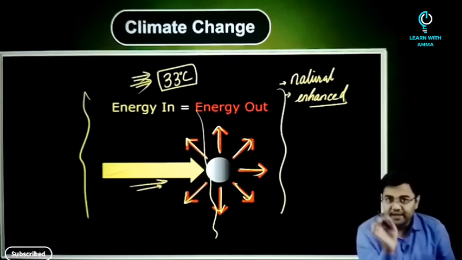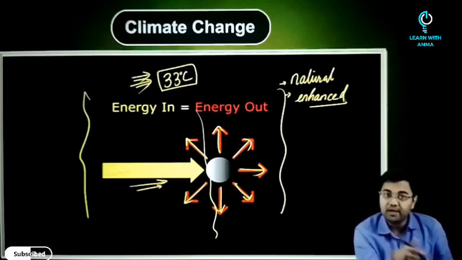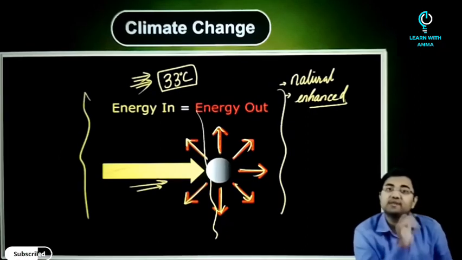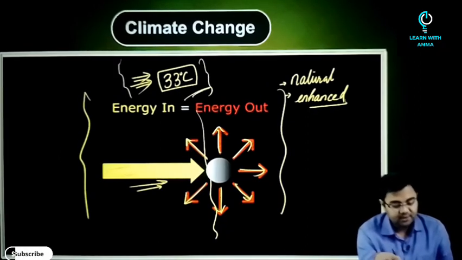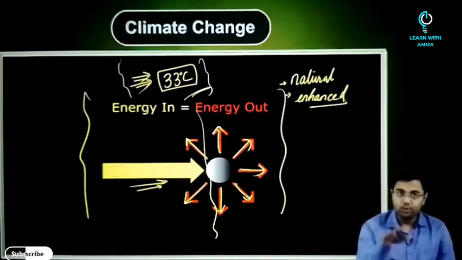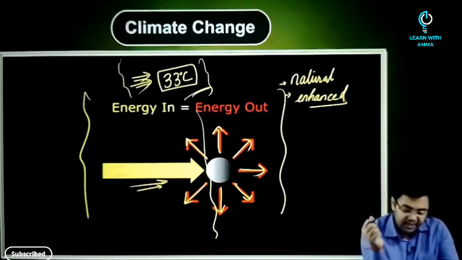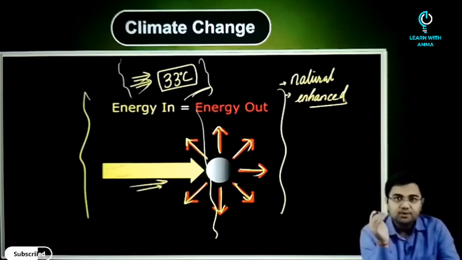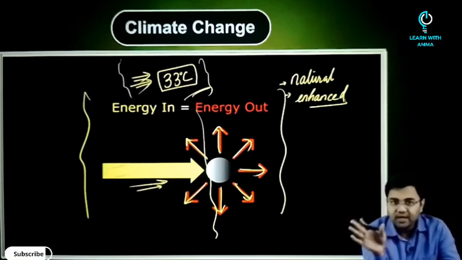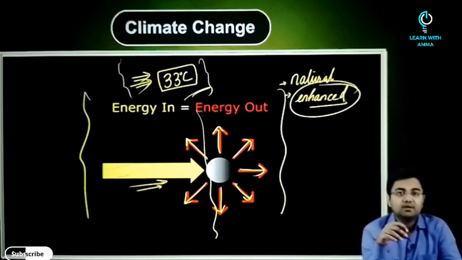So the natural effect of greenhouse gases is very important for the existence of life on earth, existence of humans at least. So if there were no greenhouse gases, the average temperature would have been lower by 33 degrees Celsius. And that's why you can say that the earth would be frozen and likely it will become a very uninhabitable planet.